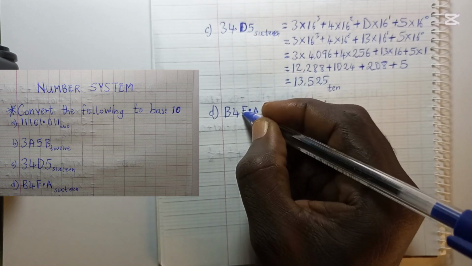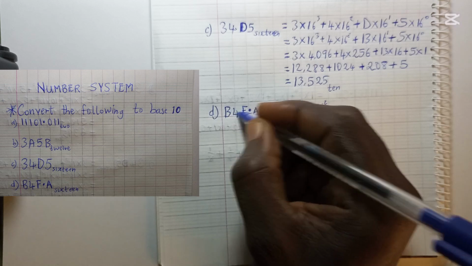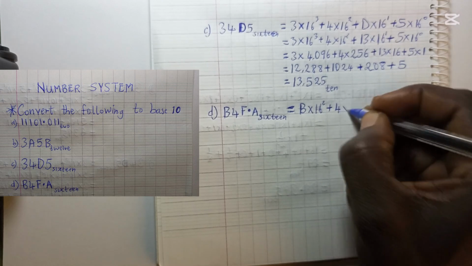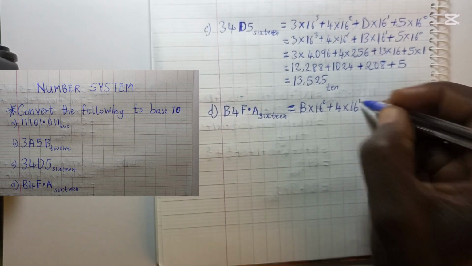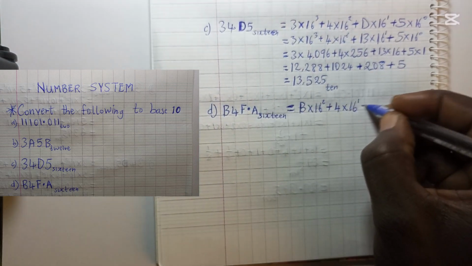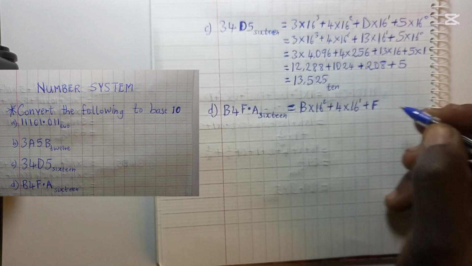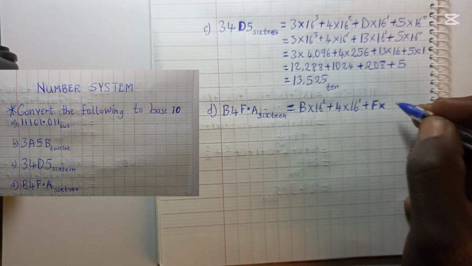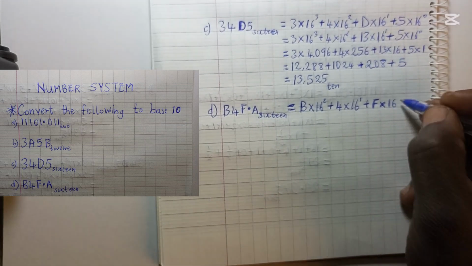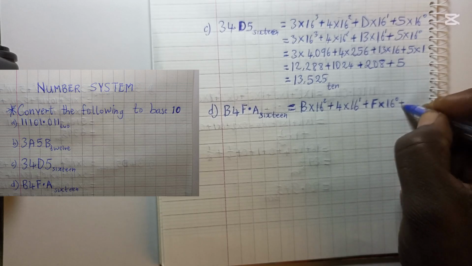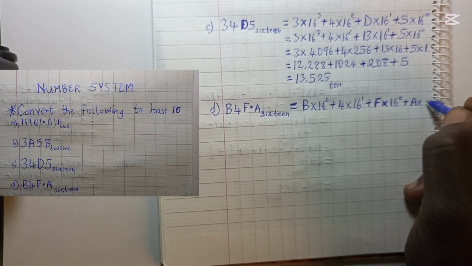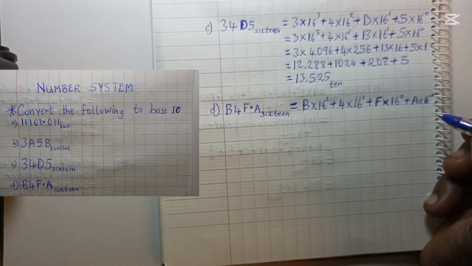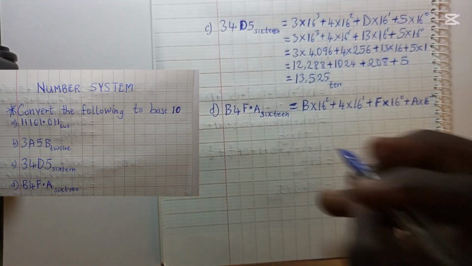The number before the decimal point, that's what we'll be looking at. So raised to power 2, then 4 times 16 raised to power 1. Plus F times 16 raised to power 0 plus A times 16 raised to power minus 1.